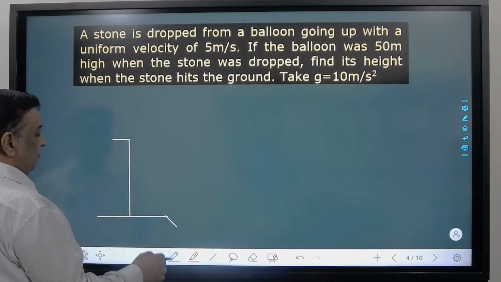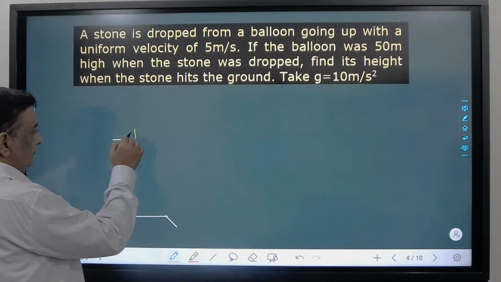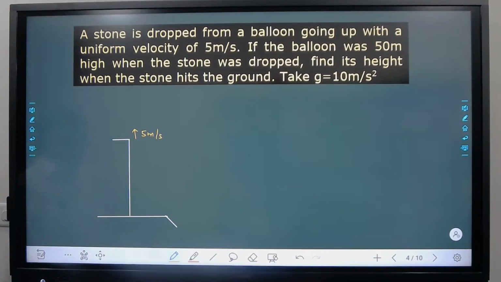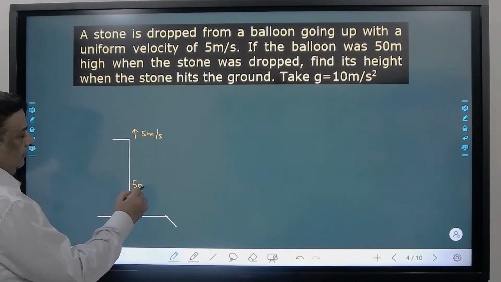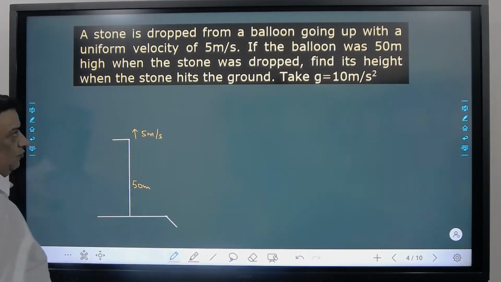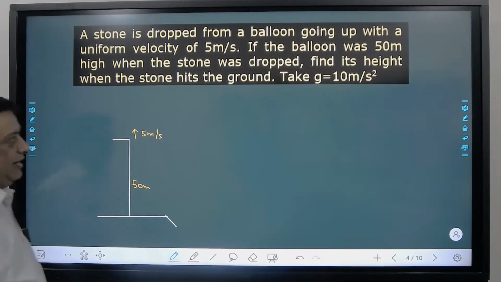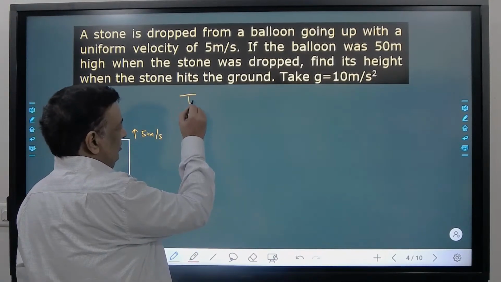The body is moving up. The balloon was 50 meter high when the stone was dropped. You have to find when the stone hits the ground. So first you have to find the time when the stone hits the ground.